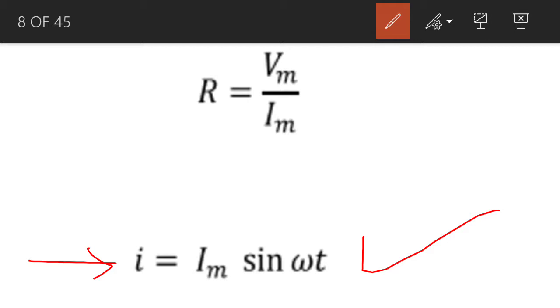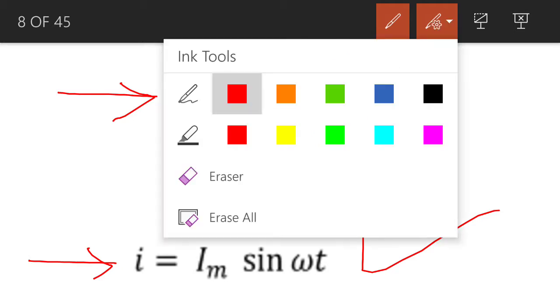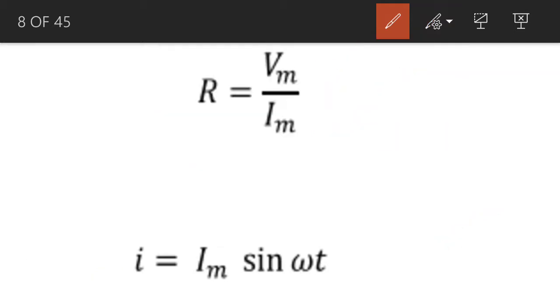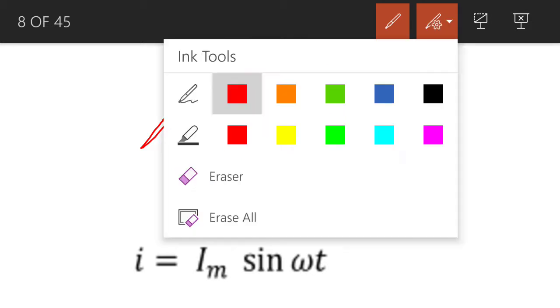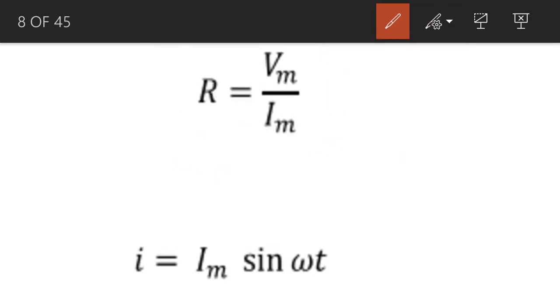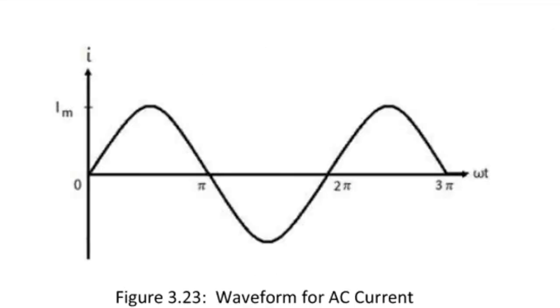So this is how we calculate the AC current in the resistor, and we know that the resistance of the resistor will be equal to the maximum voltage across the resistor divided by the maximum value of the current. So this ratio gives you the resistance of the resistor of this AC circuit, and the AC current varies sinusoidally with respect to time.